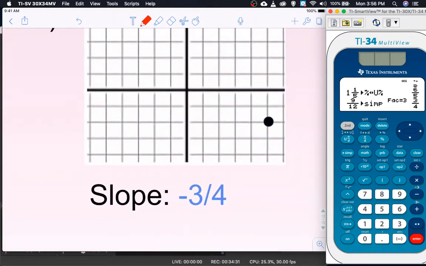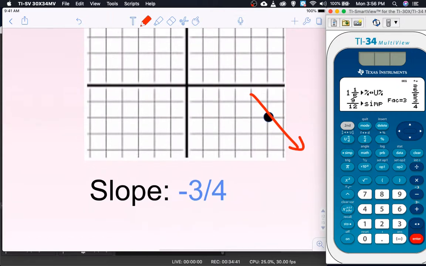Letter F. My line has a slope of -3/4. So already I know my line's going to look something ballpark like that. It's going down. I definitely know that because the slope is negative. -3 over 4, rise over run. Down 3 over 4.